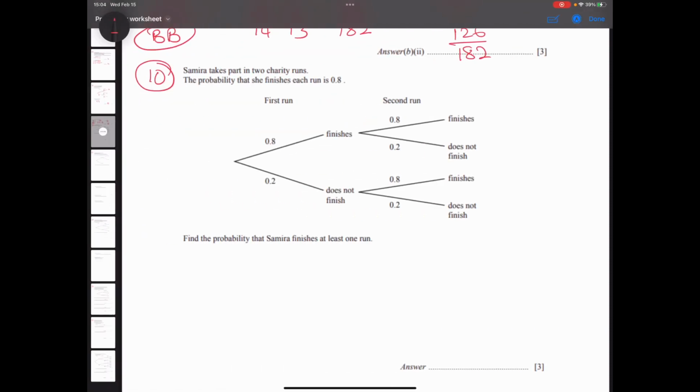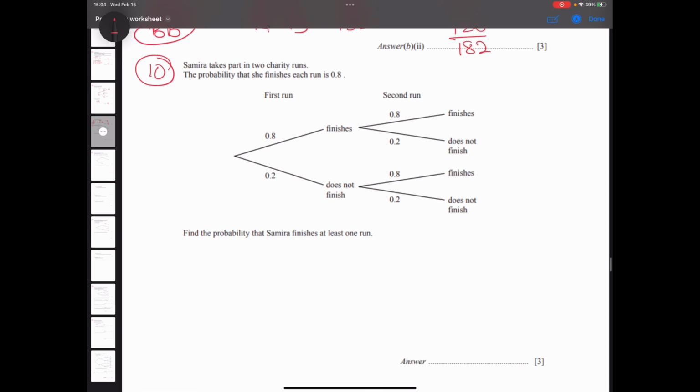Starting the next question, it says that Samira takes part in 2 charity runs. The probability that she finishes each run is 0.8. Find the probability that Samira finishes at least one run. I'm going to say finishes finishes, finishes does not finish, does not finish finishes, does not finish does not finish.